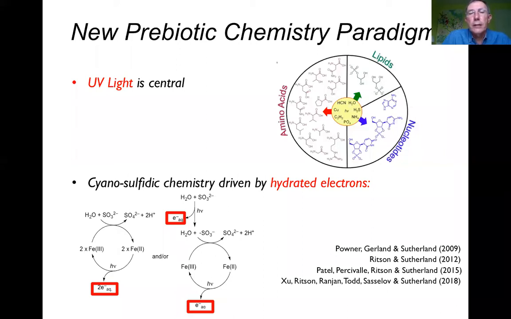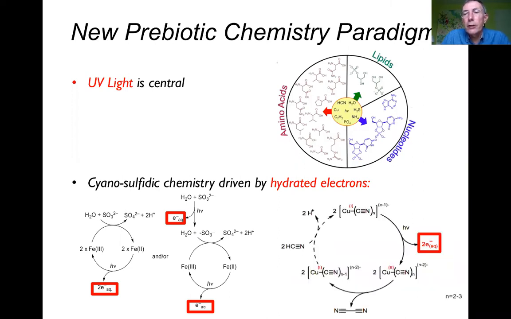It can be run either through this cycle of cycling ferrocyanide to ferricyanide with the chaperone molecules of bisulfate, which essentially is sulfur dioxide dissolved in natural water, or a copper cyanide cycle, which works similarly, but doesn't necessarily need the bisulfate.